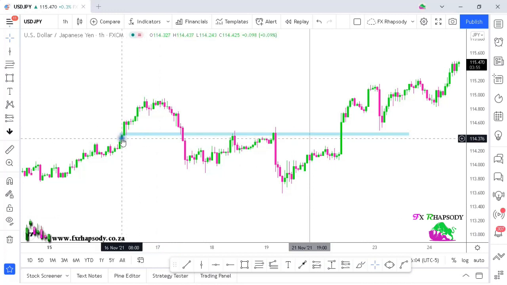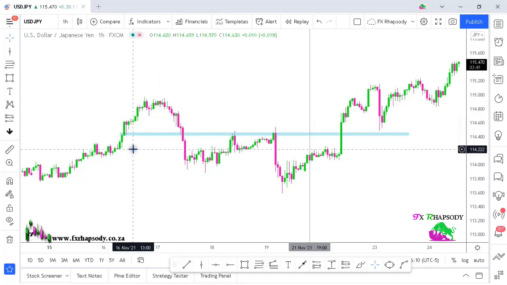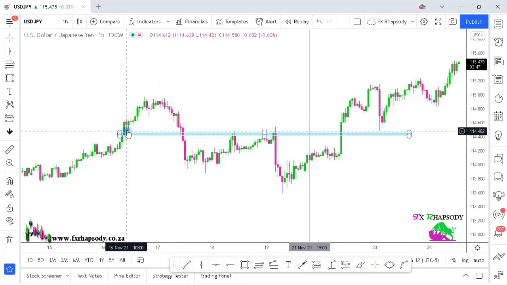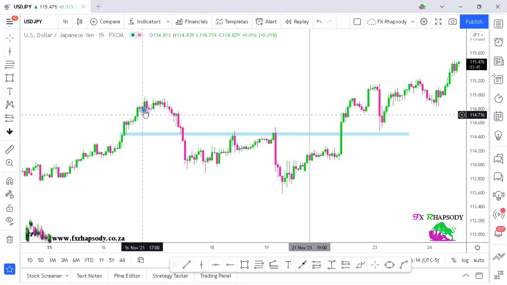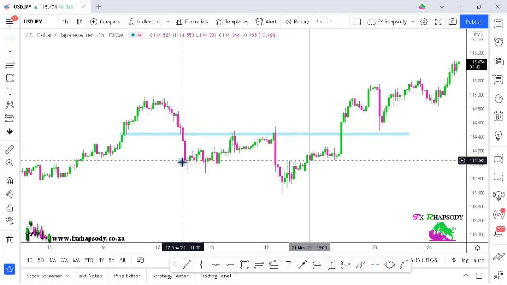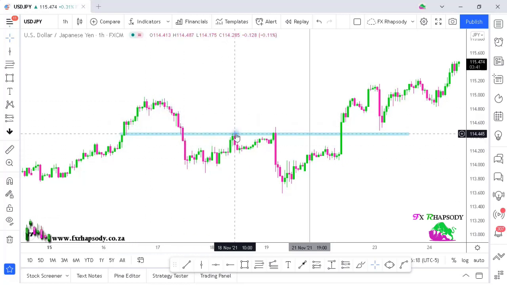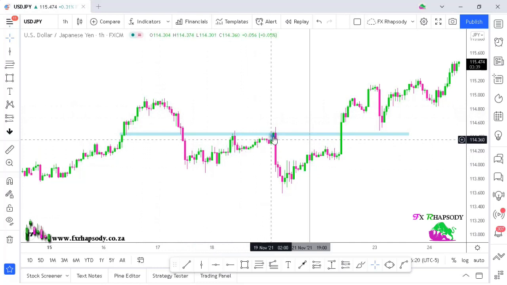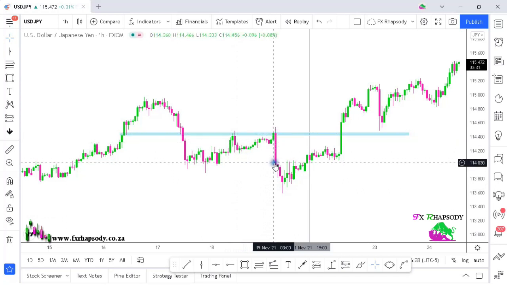So you can see price going up, retesting that area right there with that bearish candle. Pulling up, price breaking that structure, coming back, retesting it, then retesting it again. So now we have two retests on that structure. Okay, price not breaking through it to the upside.